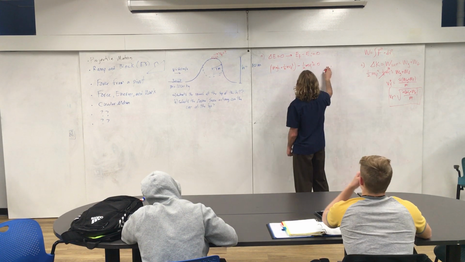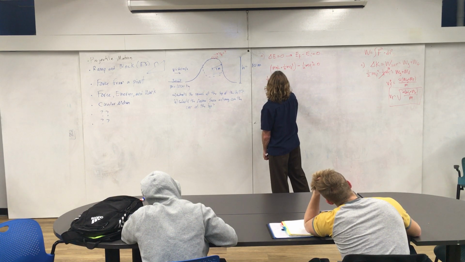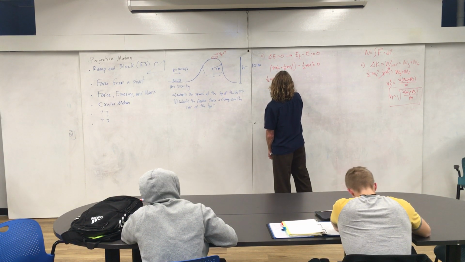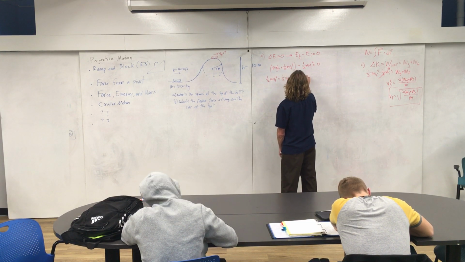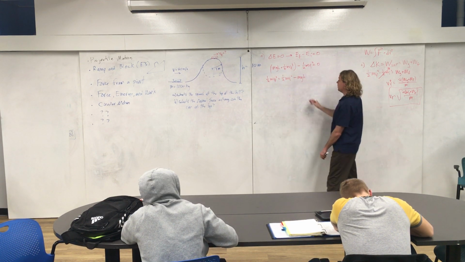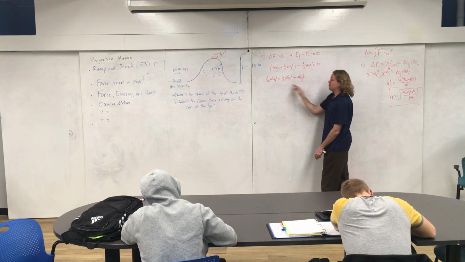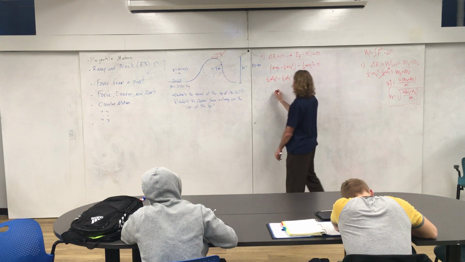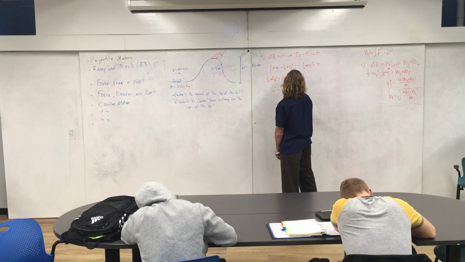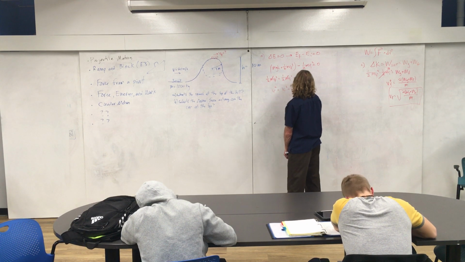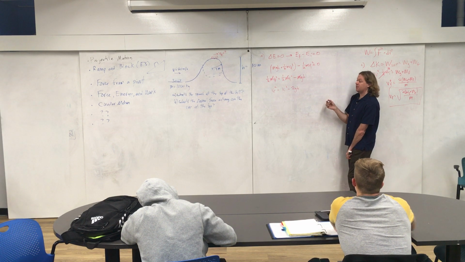So let me move mgh over: 1/2 m v_f squared is 1/2 m v_i squared minus mgh. I've got m's everywhere, so I'm going to cancel them. I've got a 1/2 here, so multiply times 2 to get v_f squared is v_i squared minus 2gh.